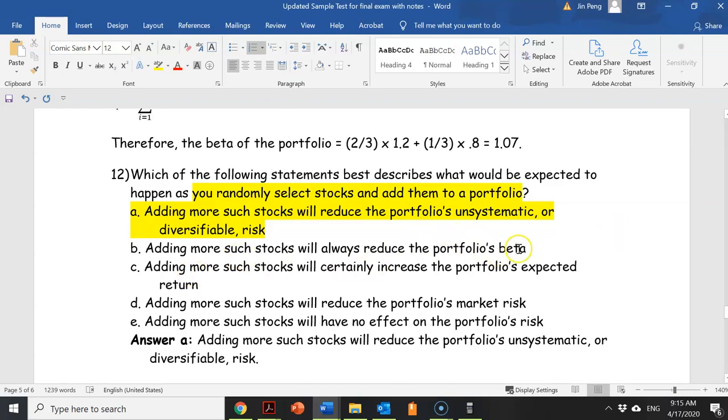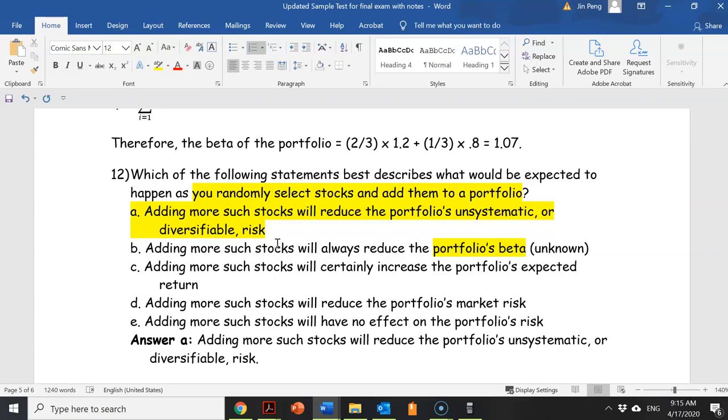Option B here. We don't know what will happen to the portfolio's beta, because portfolio beta is the weighted average of the betas of the stocks. So it depends on the beta of the old portfolio and the beta of the newly added stocks.